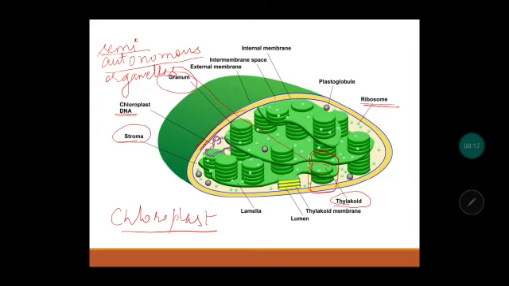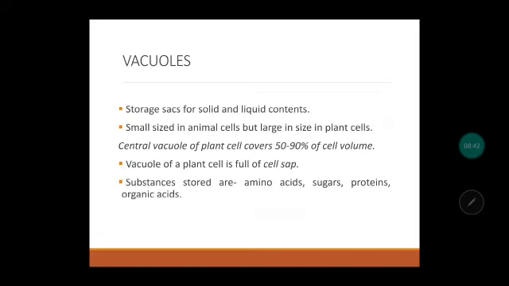So they are half independent, meaning they can carry out most of their reactions without the help of the cell. Like they have their own DNA, they have their own ribosomes. So most functions they can perform by themselves. They don't need the whole cell. That is why we are saying they are semi-autonomous. They are mostly independent. They can survive independently without the cell also.